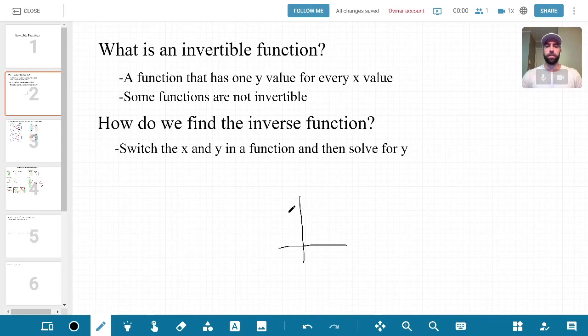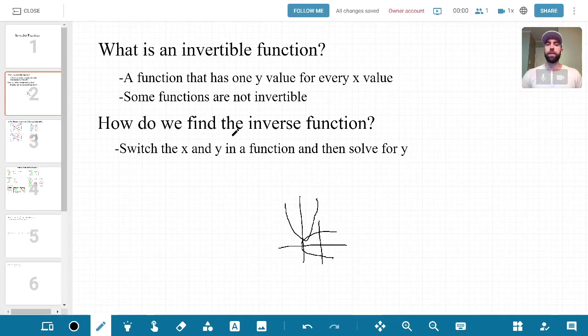So something like this has one x value for every y value, but something like this does not, because it would have 2 points here. And that's what this is saying: when you take the inverse of a function, you're looking for something that only has one y value for every x value. Some functions are not invertible.